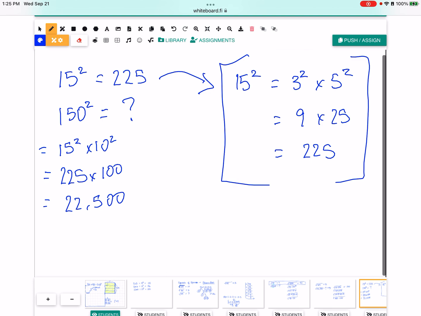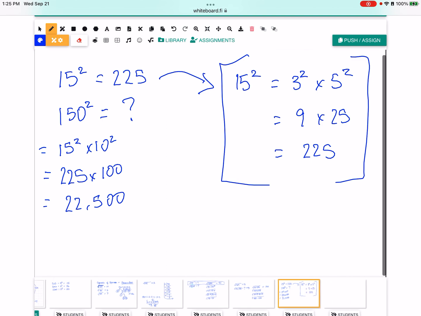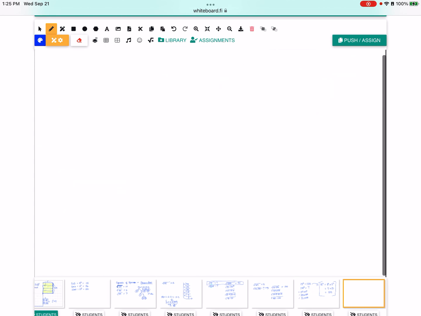All right. I think that takes us to the end of what I had to do. This works either way. Let's try just one more. What about if I told you that 41 squared is 1,681.